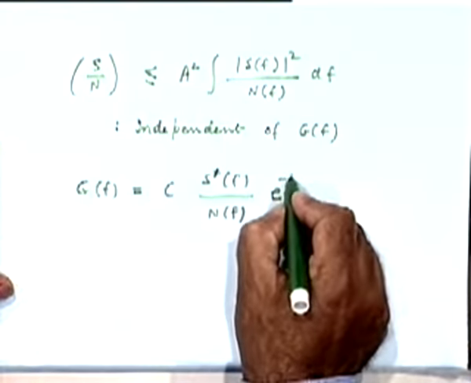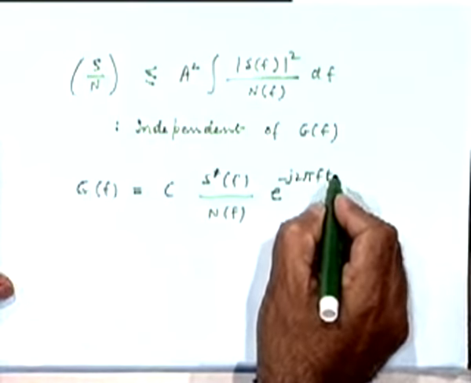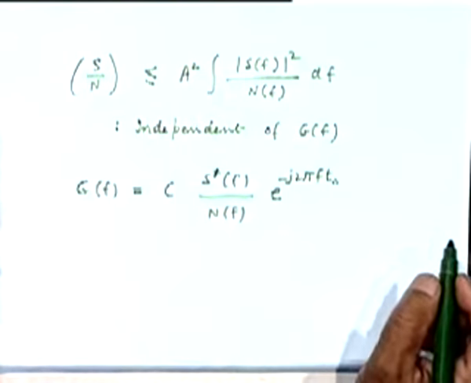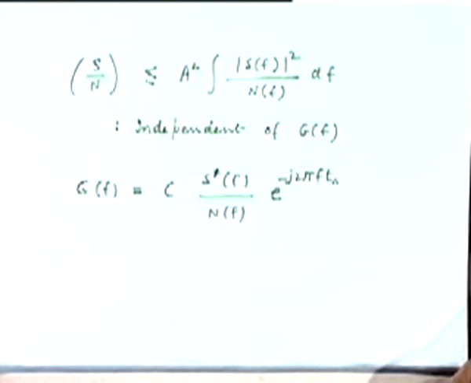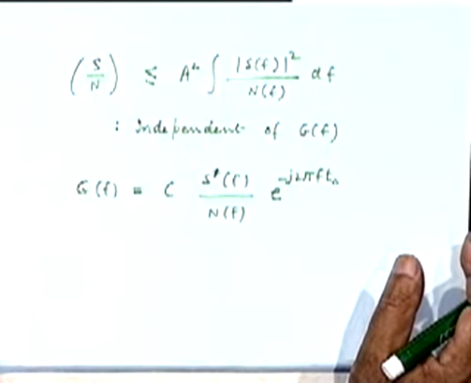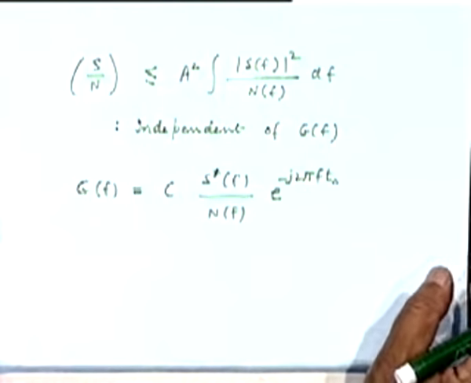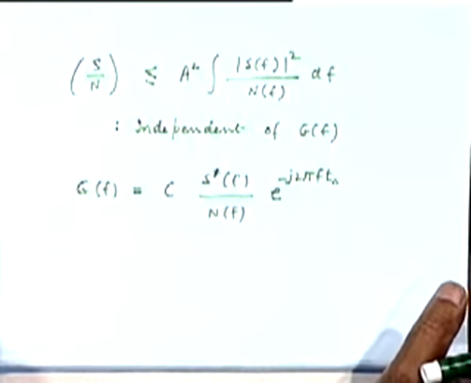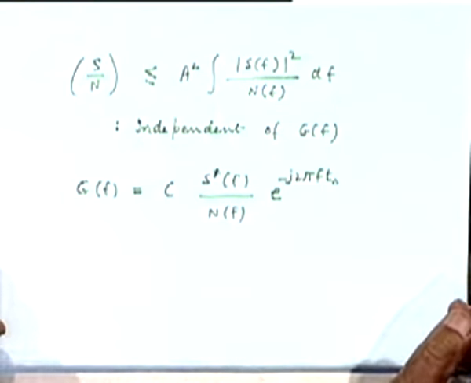SF will get modified to some term, e to the power minus j2 pi F T naught, right? This will be the additional factor we have to consider if we want to maximize the signal to noise ratio at some arbitrary time instant T sub 0 rather than equal to 0. Right? Okay?